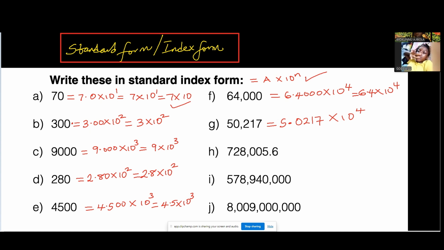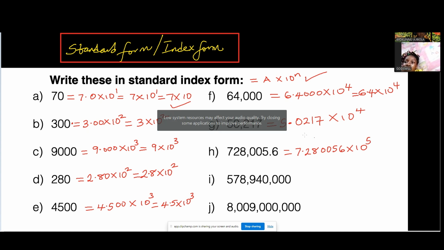Okay, now let's continue. The next one, you can see this one has a point, right? Good. That means that is our starting point. So let us count it to the left. Let's count one, two, three, four, five. So this is going to be 7.280056 times 10 raised to power 5.